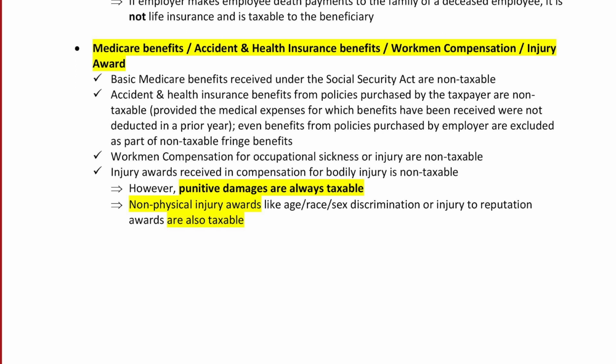Draw a bracket from punitive damages through the non-physical injury awards. Right there, 'Sir, you owe.' And circle the O, because we know that if the taxpayer receives any punitive damage awards, or if the taxpayer has been a victim and receives any non-physical injury awards, all that is taxable as other income on 1040.